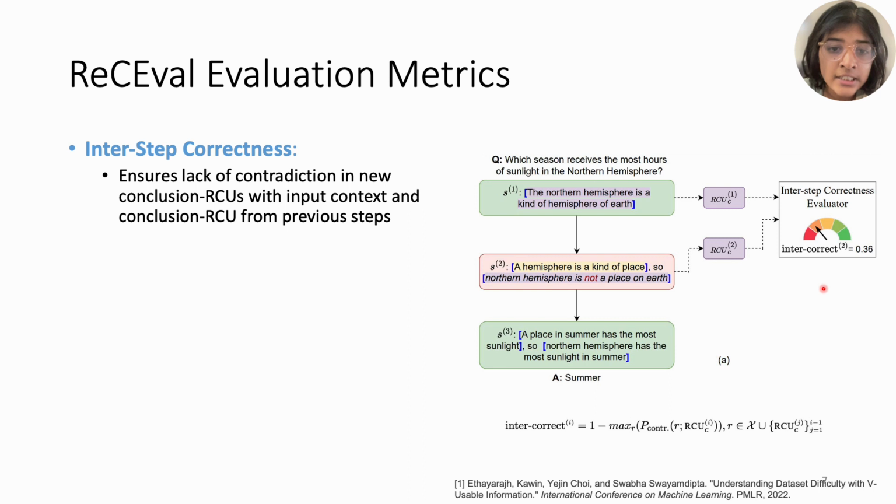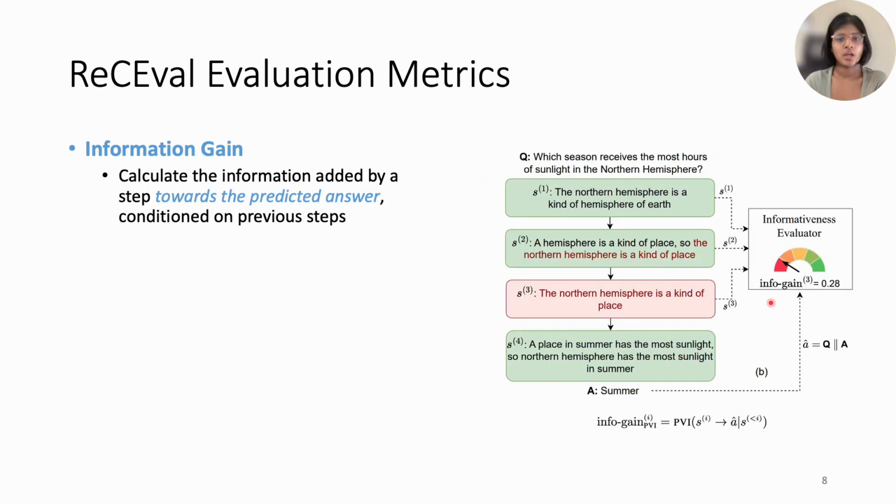Next, to evaluate inter-step correctness of a step, we measure the lack of contradiction between the conclusion RCU of the step with respect to the input context and conclusion RCUs from the previous steps. To measure informativeness, we compute the amount of information contributed by a step to predict the model's answer conditioned on the preceding steps.